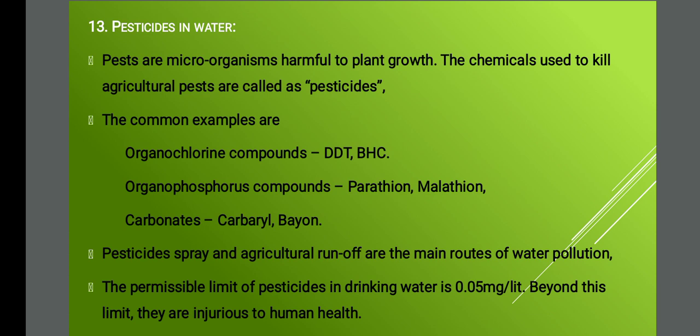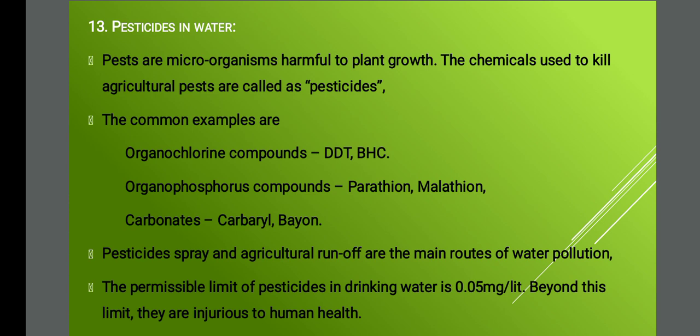Pesticides come in three different forms: organochlorine compounds, organophosphorus compounds, and carbamates. The first one, organochlorine compounds, is DDT and BHC. DDT is dichlorodiphenyltrichloroethane.